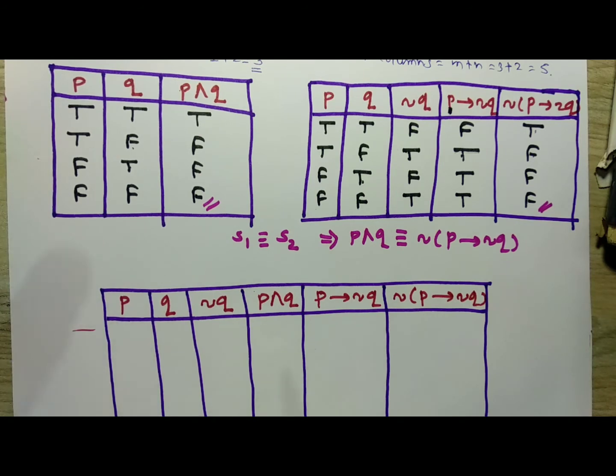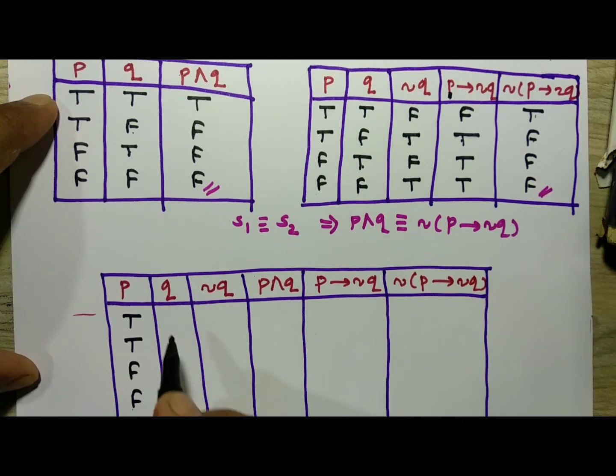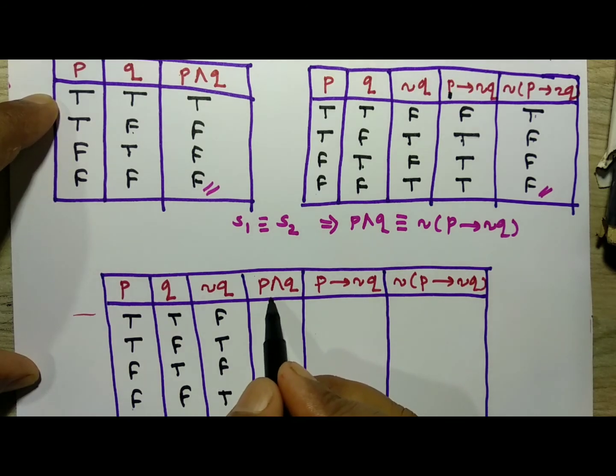First of all, you have to take the consideration of true, true, false, false for P, and then the second consideration is true, false, true, false for Q. Negation of this is nothing but false, true, false, true. And having the rule what?